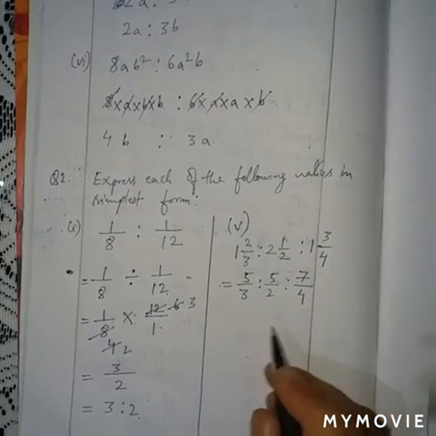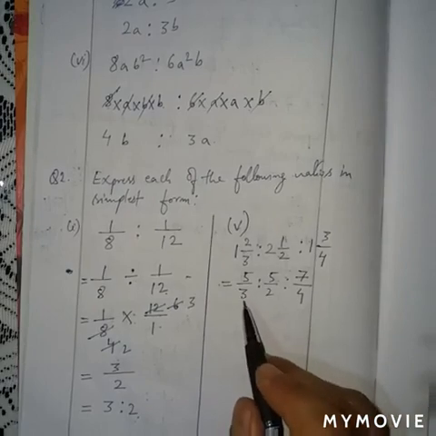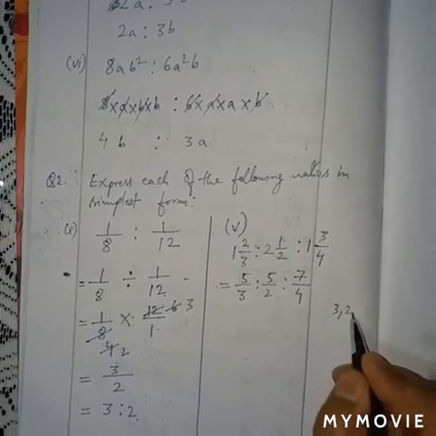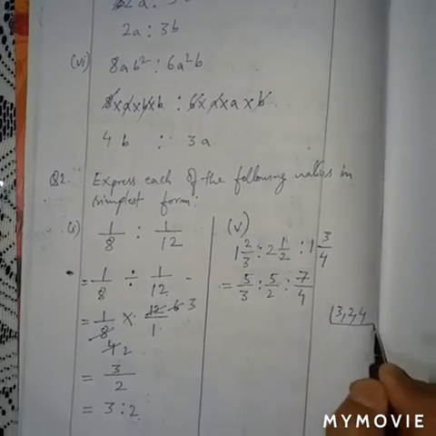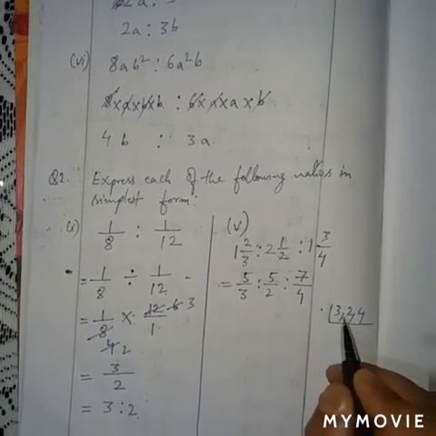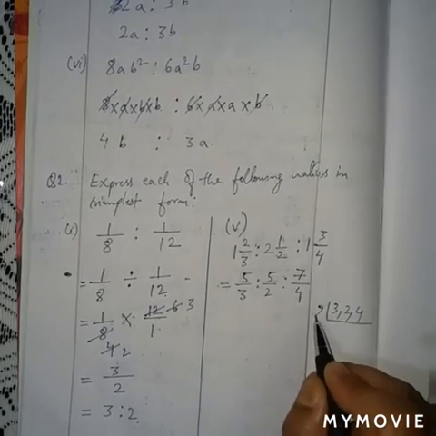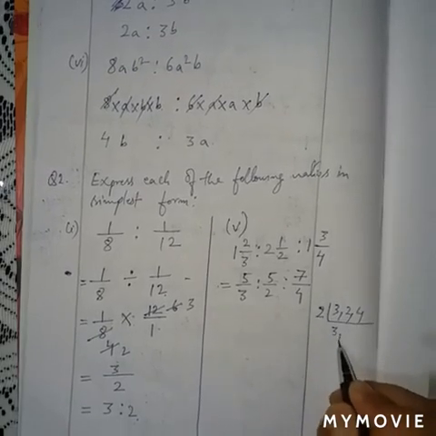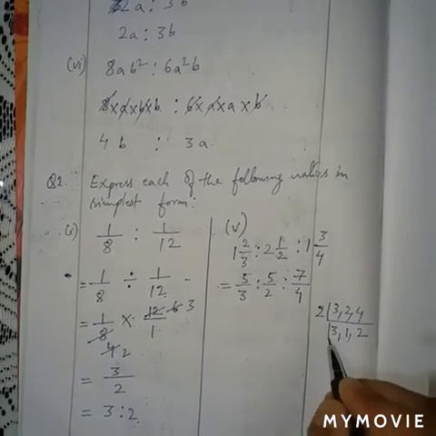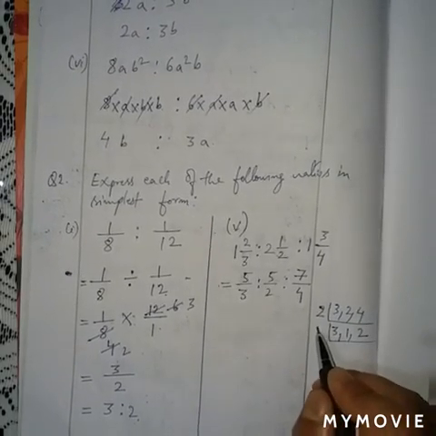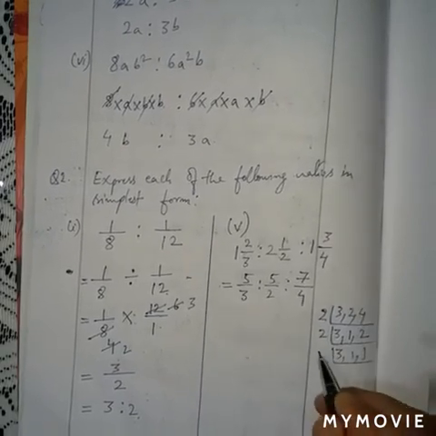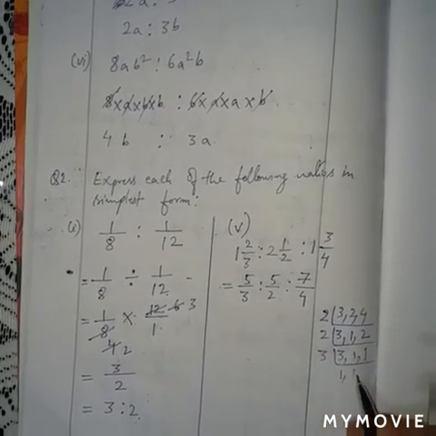So for that, what we have to do is find the LCM of 3, 2 and 4. We are looking for the LCM. The smallest number that can divide these is 2. This remains like that only. 2 1s are 2, 2 2s are 4, and here again by 2, 2 1s are 2, and here by 3, 3 1s are 3 and 1.